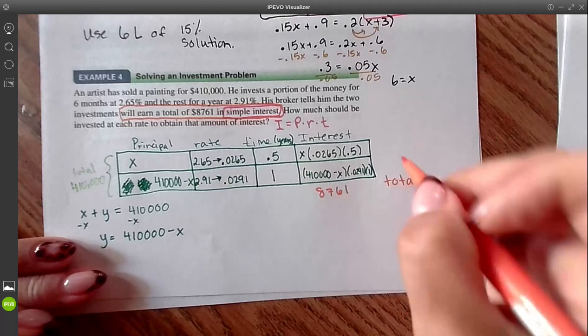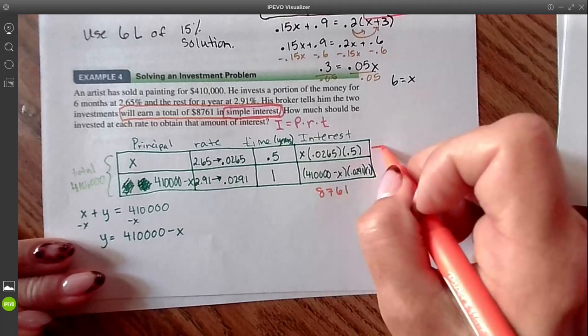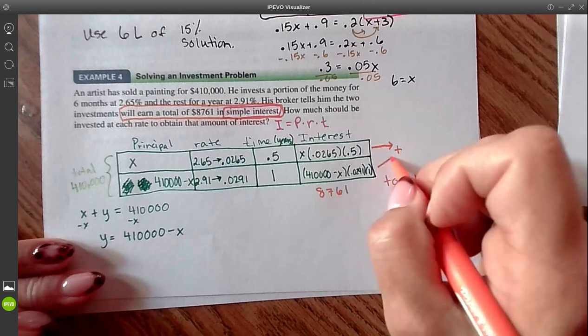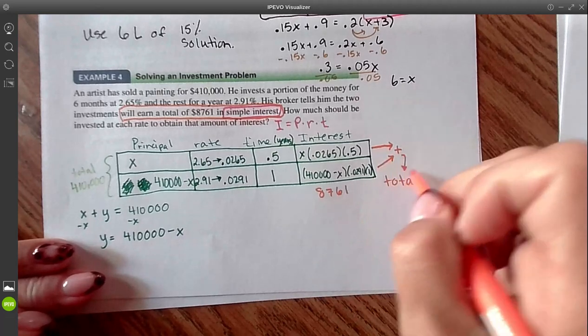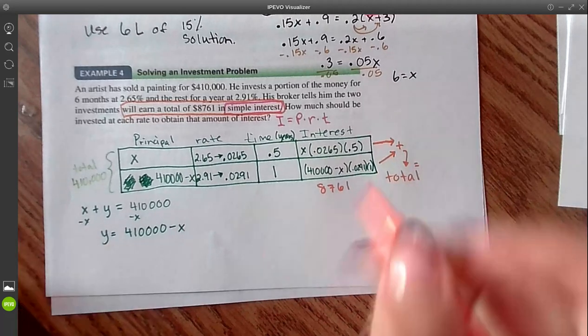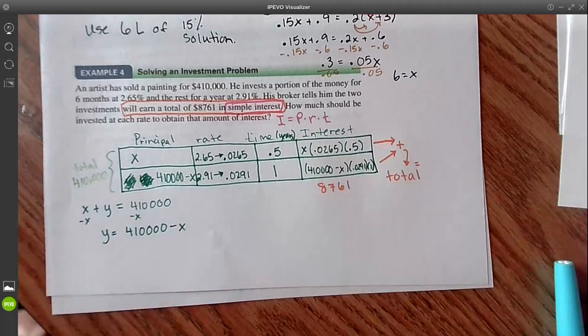And the way that I get my total is by taking this interest plus this interest to equal my total. And that total was 8,761.